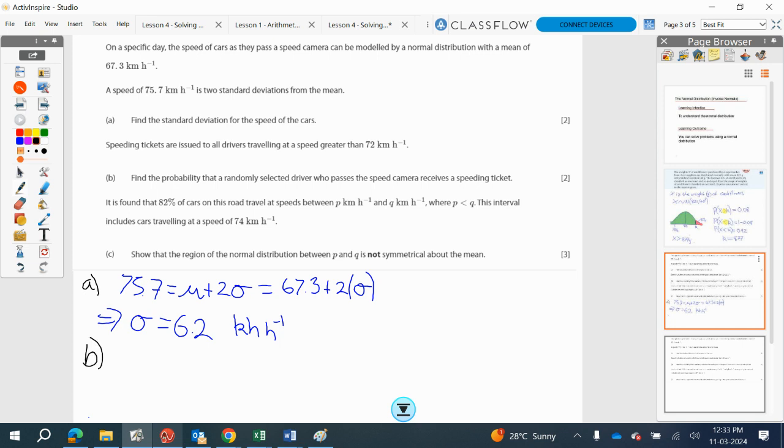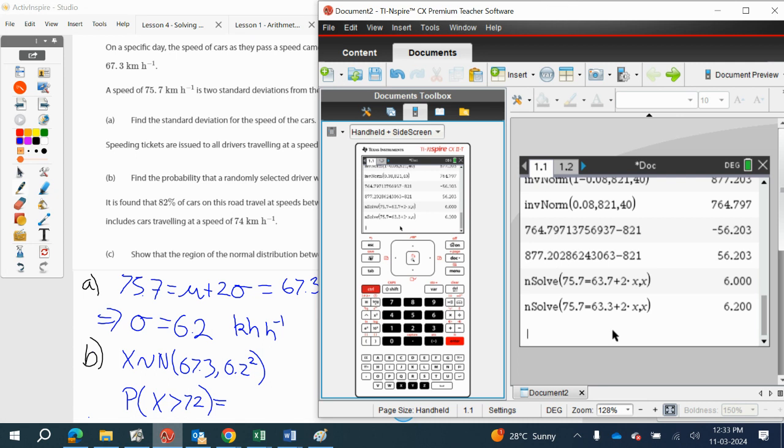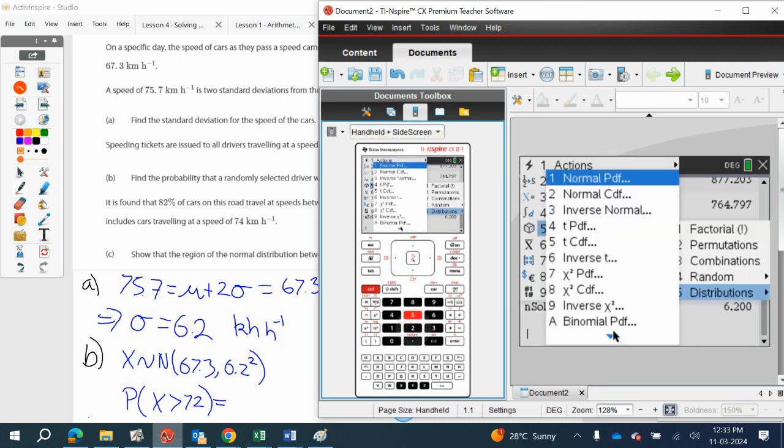B. So we're told it's normally distributed, so we say that X is normally distributed with a mean of 63.3 and a variance of 6.2 squared. We want the probability that X is greater than 72. Pull up the calculator. Menu 5, 5, 2.